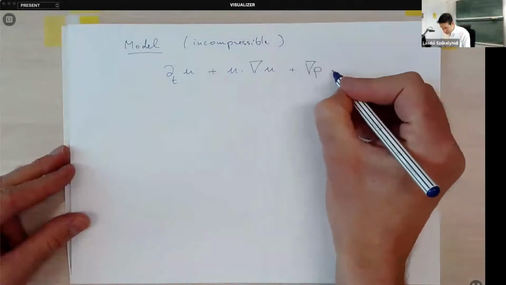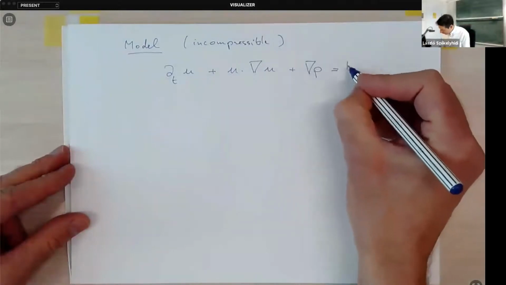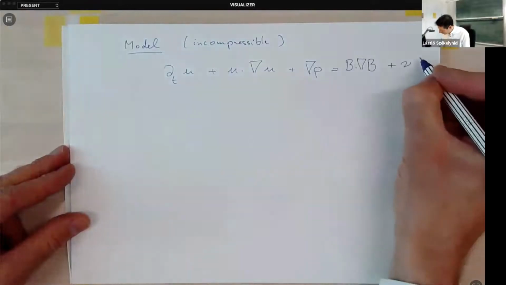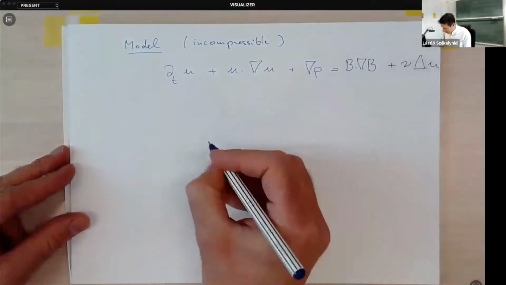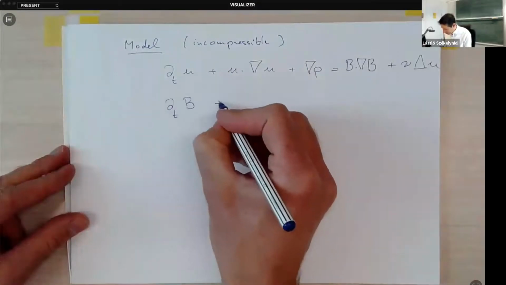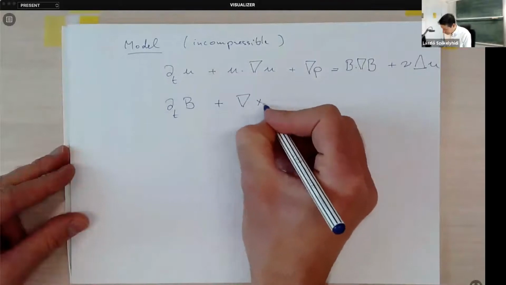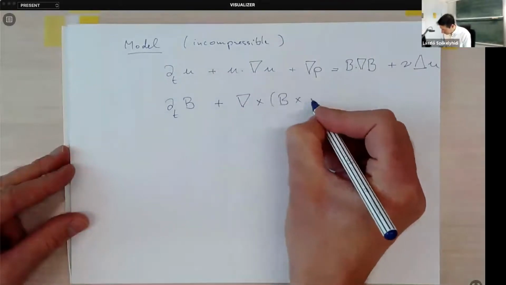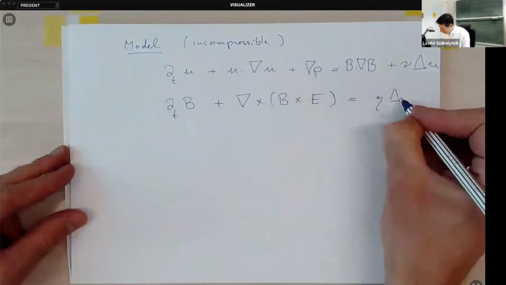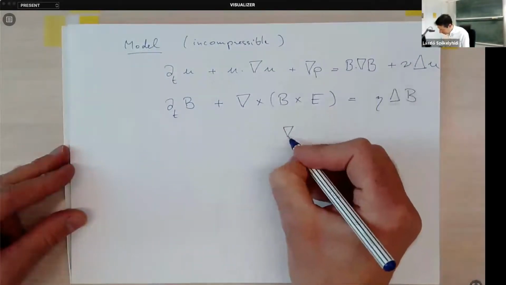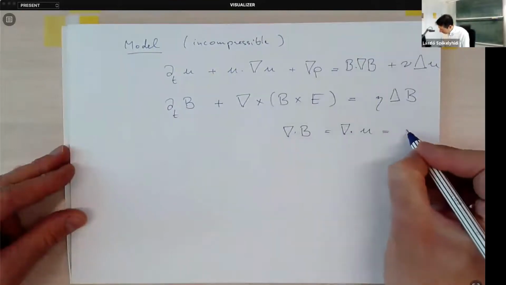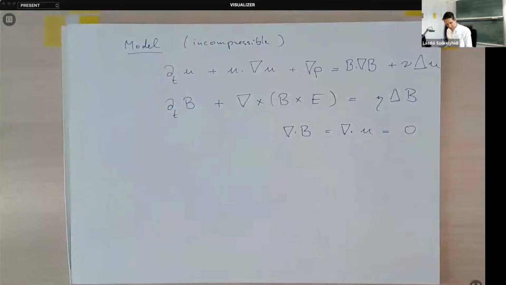So this is the first equation, the momentum equation. Then the second one is for the magnetic field B, equals eta Laplacian of B, and both of these vector fields are supposed to be divergence free.